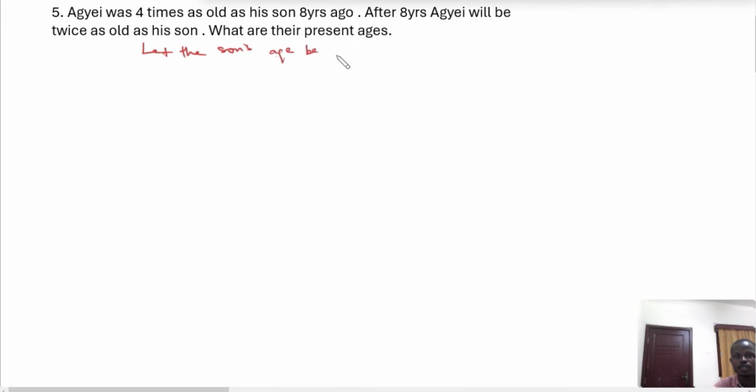And the father's age, we're going to assign a particular letter. Let the father's age be equal to A, for Agir. Agir is a father. So we have S and A.